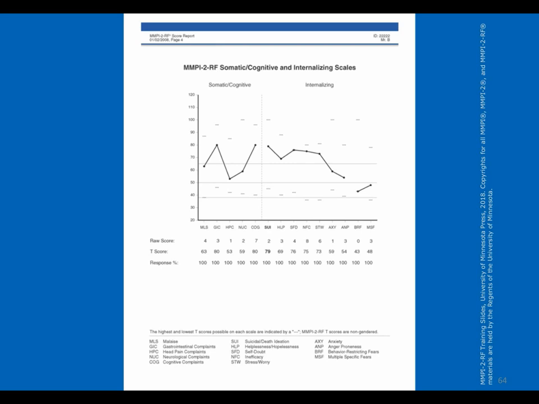Here we have the beginning of the specific problem scales. We have the somatic cognitive specific problem scales and the internalizing specific problem scales. Staying with the theme of interpreting the emotional dysfunction domain scales, because EID was the highest, in this case only elevated higher order scale, we would interpret, after interpreting RCD, the suicidal ideation scales, helplessness, self-doubt, and inefficacy.